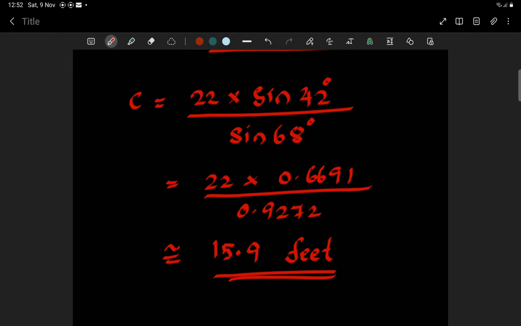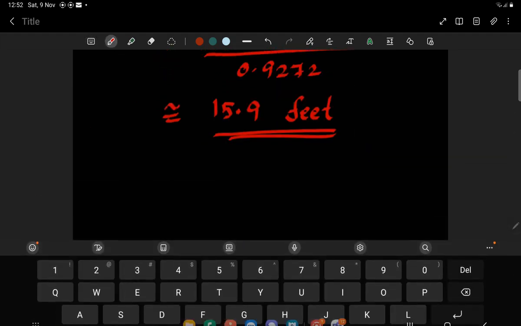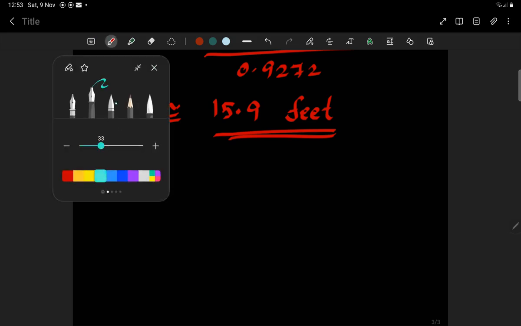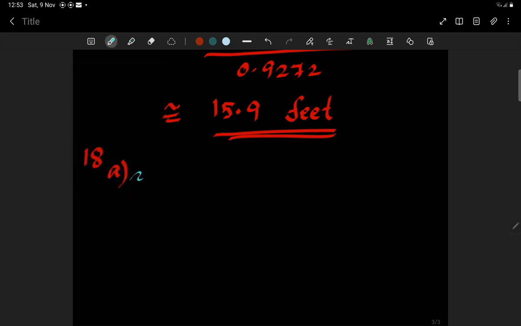Then the next question, question number 18a. The question is, in the same way, solve the triangle.